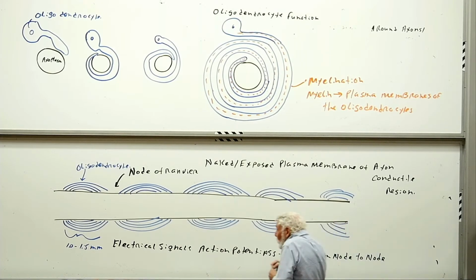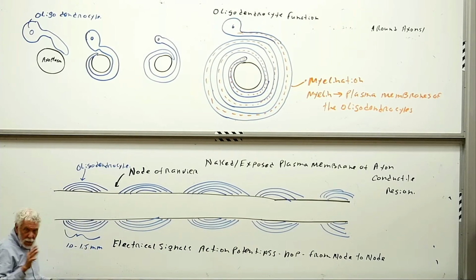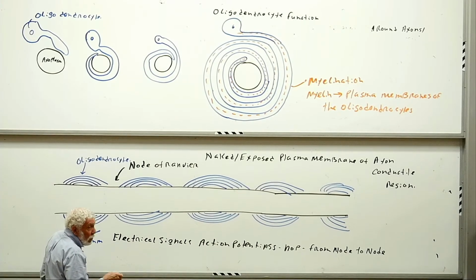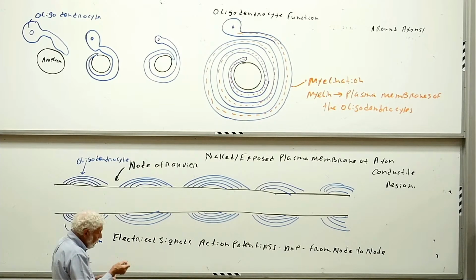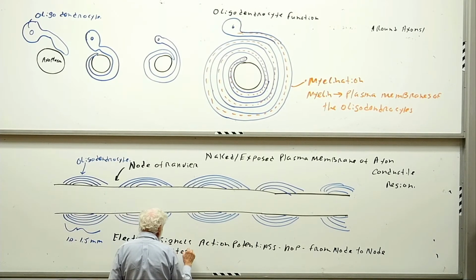Now, they don't literally hop node to node. Electrical signals are going to pass through the cytoplasm. We're going to talk about that in detail. But this term for hopping from node to node is sometimes known as saltatory conduction.